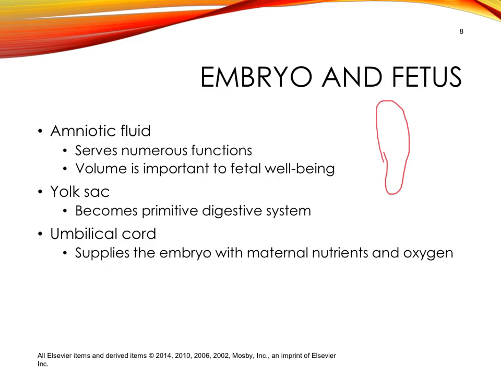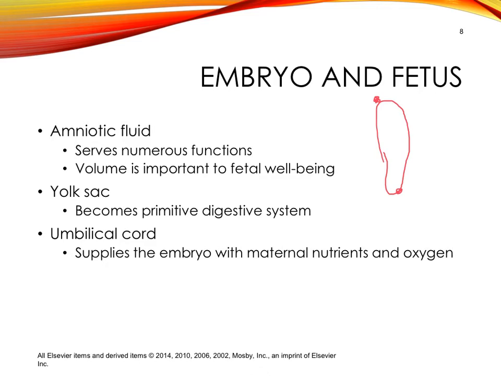So when we measure them, we're measuring crown at the top to the rump at the bottom. As we get to the fetus stage, they start to develop their actual limbs and extremities, so the measurement will change a little bit. So when I say crown to rump, that's what I mean. Think of a kidney bean, because that's really what an embryo looks like in the very beginning.